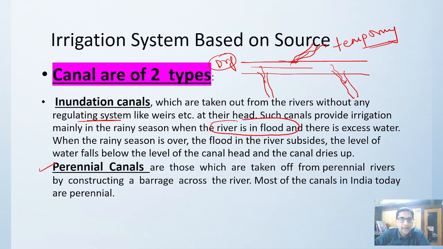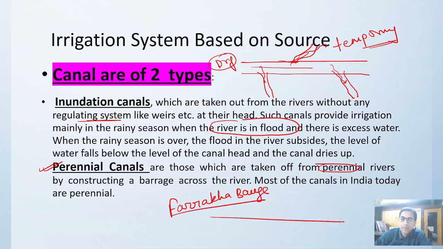Then we have a perennial canal. These are taken off from a perennial river in which water remains throughout the year. Farakka barrage is there. There are very big rivers, and the river water is diverted by building barrages.